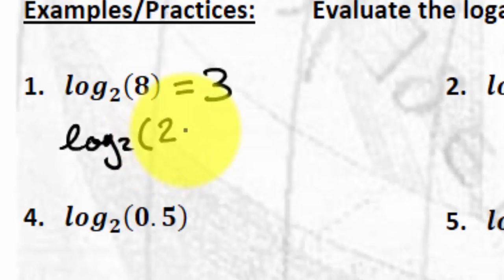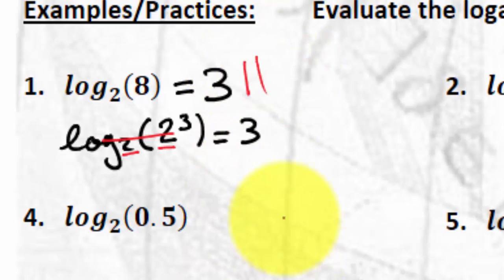Log base 2 of 2 cubed is equal to, well, that's 3. That's the second property. If the base of the log and the base of the exponential inside are the same, they just cancel each other, and you find the exponent right there. But I kind of like the first approach better.